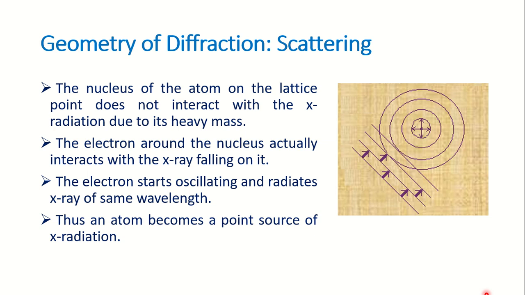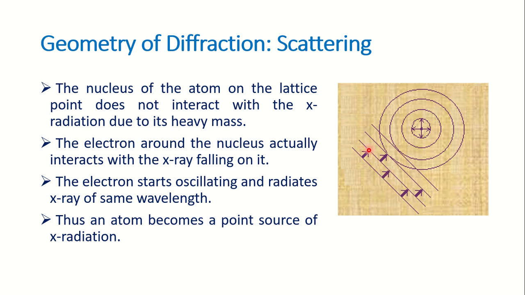So what is the geometry of this diffraction? Let's start with the term scattering first. This is the nucleus, and this is the X-ray. These arrows show the direction of the X-ray lines.